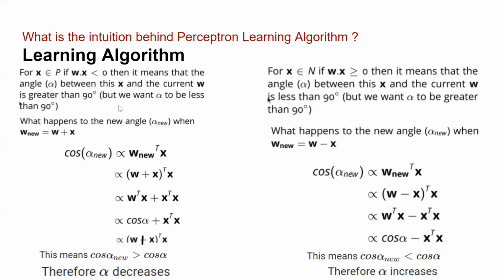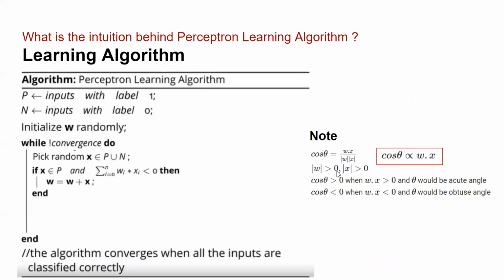Why do we want it to be an acute angle? Because in that case only my cos theta, which is proportional to W dot X, will be positive.